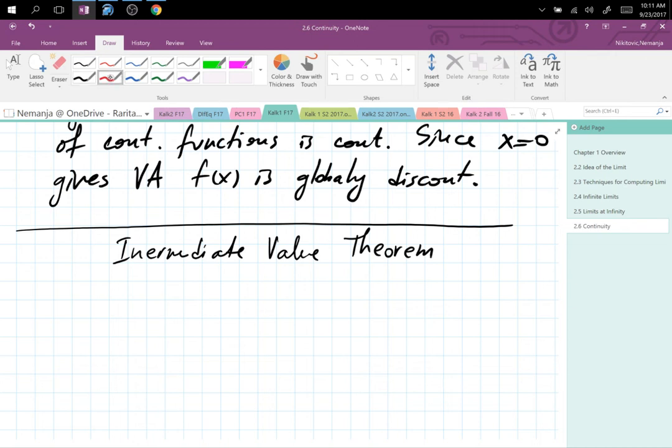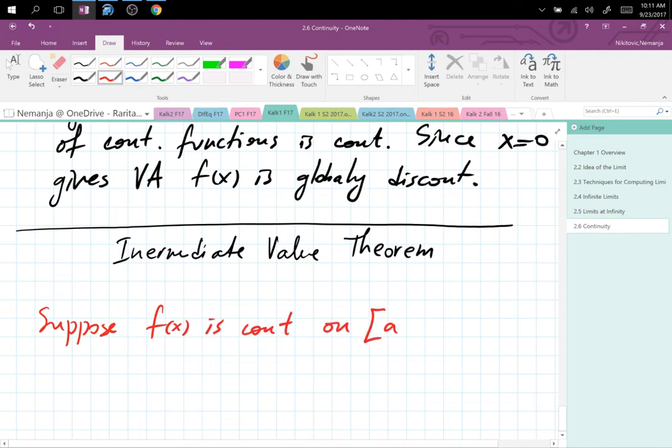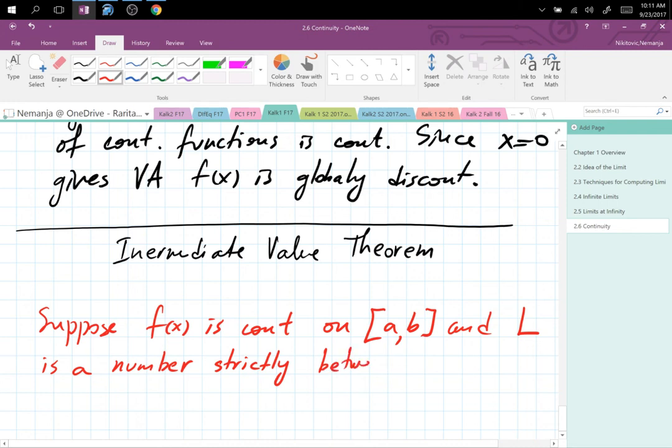So the theorem states, suppose f of x is continuous on closed interval [a, b], and capital L is a number strictly between f of a and f of b.